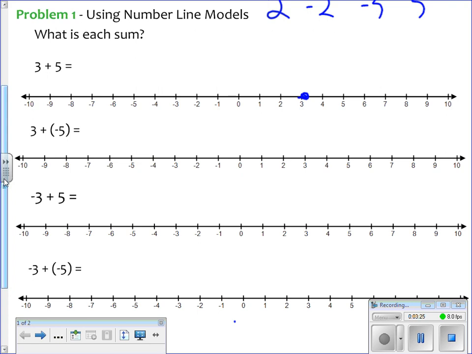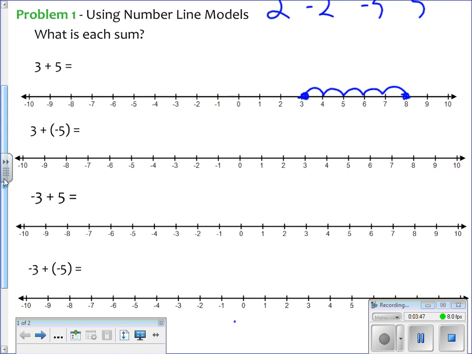Okay. So I move to the right. How many units? 5. 1, 2, 3, 4, 5. There we go. Piece of cake. Now, do you need to do this to add 3 plus 5? I certainly hope not.